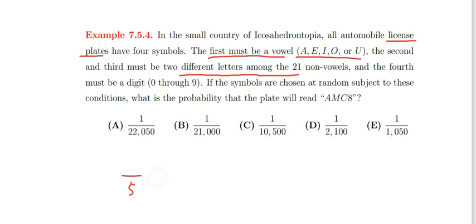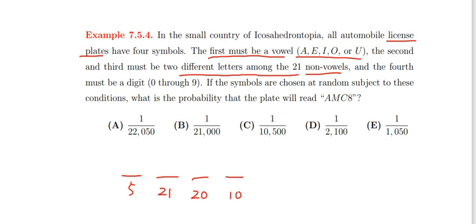So the second one must be 2 different letters from the 21. So this one can be 21 choices. Then those cannot be the same, so this should be 20, right? And the last one must be a digit 0 through 9. So we have 10. Okay, so this is the total number of ways.